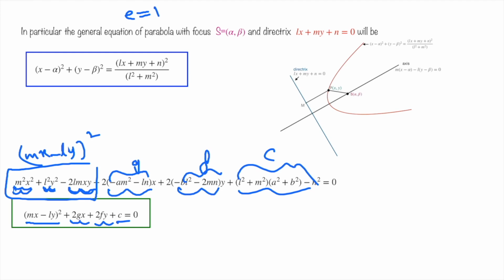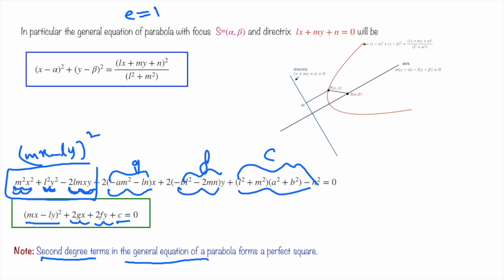So the second degree terms in the general equation of the parabola always complete a square. That is something special about the general equation of the parabola. So let me make a note here: second degree terms in the general equation of the parabola form a perfect square.